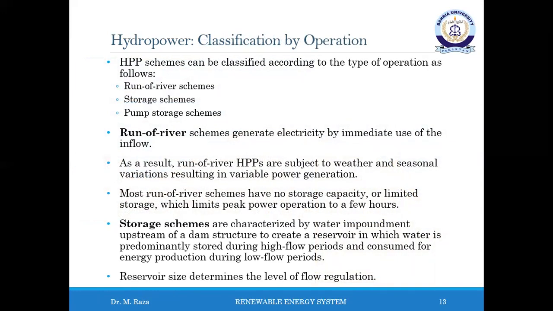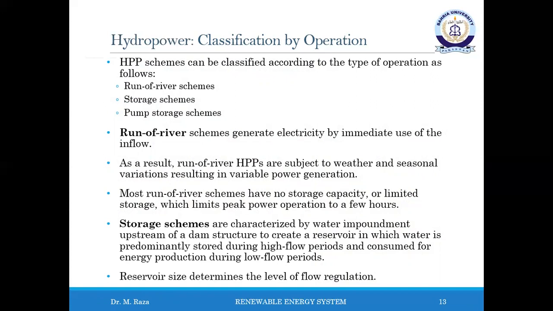Hydropower plant schemes can be classified according to the type of operation as follows. Number 1, the run of the river scheme. Number 2, storage scheme. And number 3, pump storage scheme. Run of the river schemes generate electricity by immediate use of the inflow.